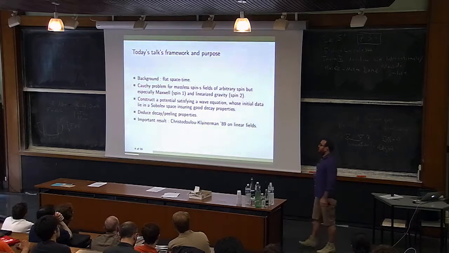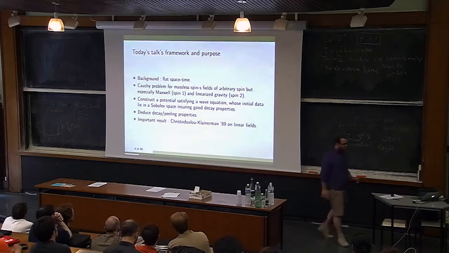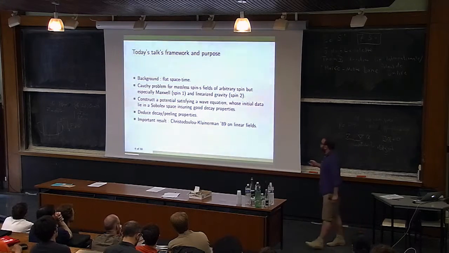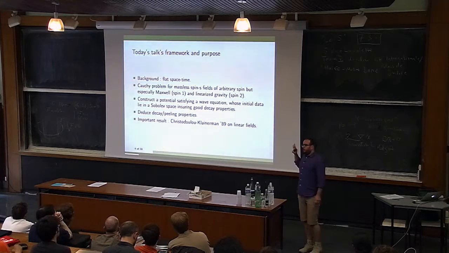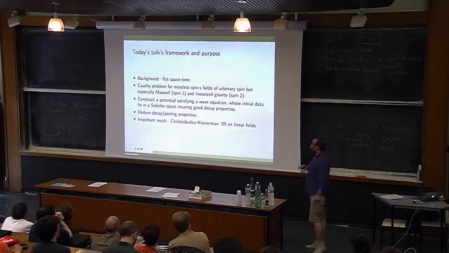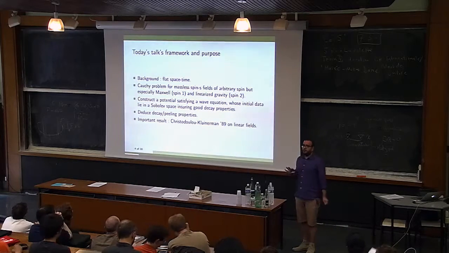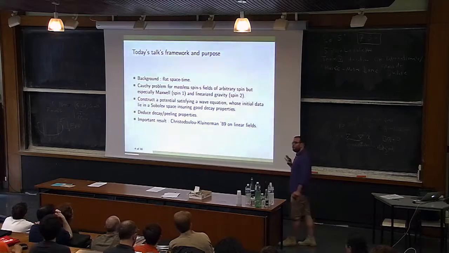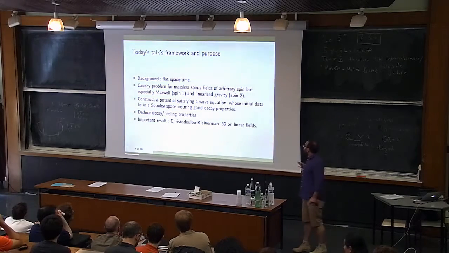Okay? And to understand this, let's take a simple problem: flat space-time. The result which is stated in the paper that I talked about before is for arbitrary spin. But for this talk, because I know that you don't like Penrose notation, I will talk only about spin 1 and spin 2 fields. So spin 1, Maxwell field, and linearized gravity.